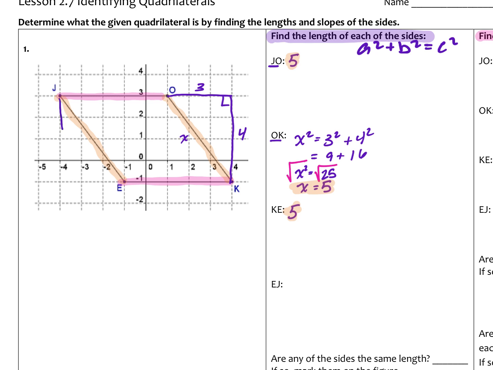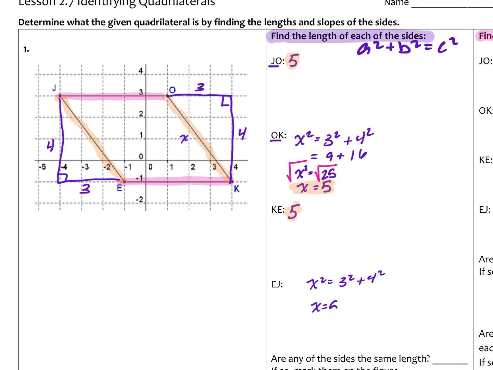So I've got my triangle. How tall is my triangle? Anybody? How tall is it? 4. Good. How wide is it? 3. So I've got x squared equals 3 squared plus 4 squared. Oh, is that the same thing? Yes. So what does x equal?